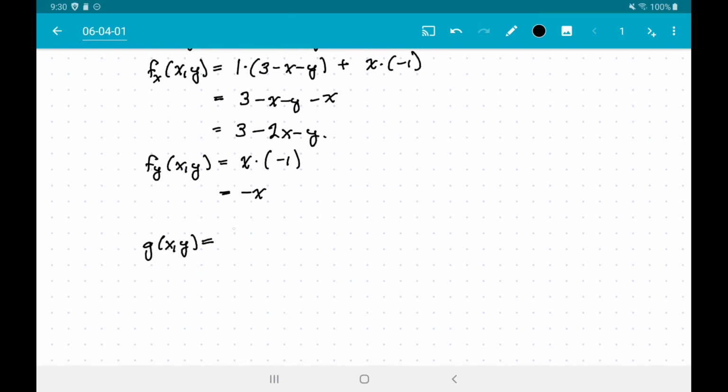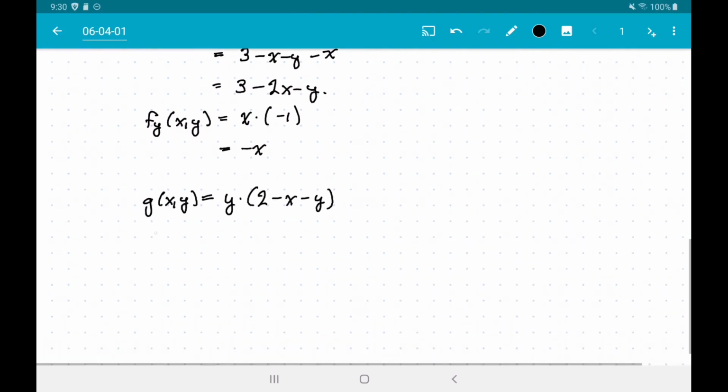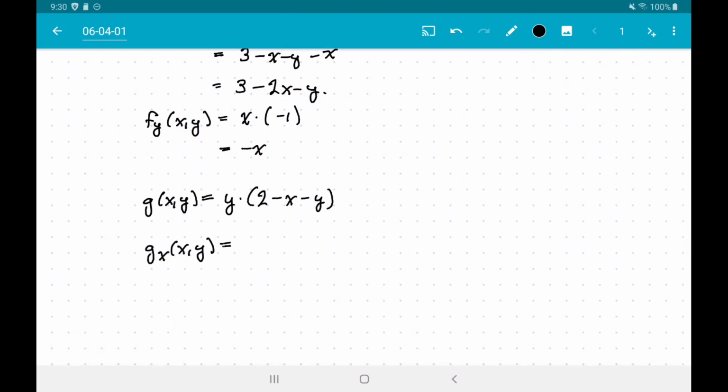Okay, g of x and y is y times 2 minus x minus y. Partial derivative with respect to x. Okay, y times negative 1.